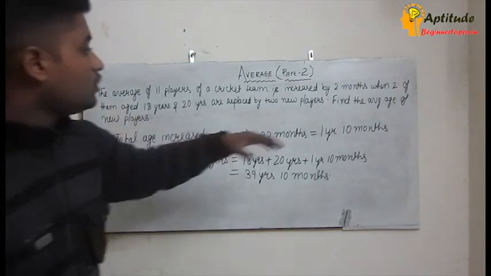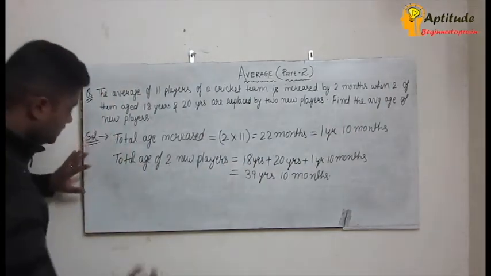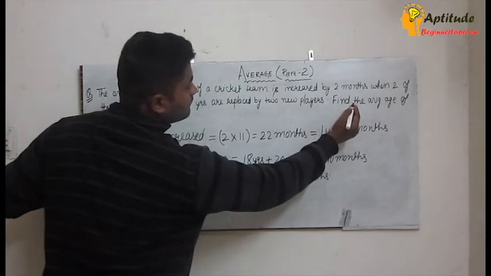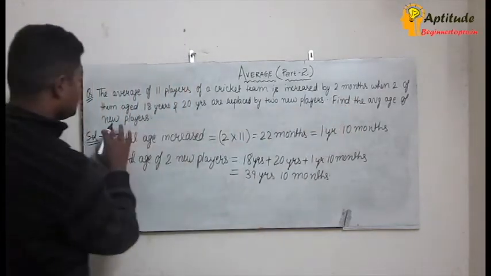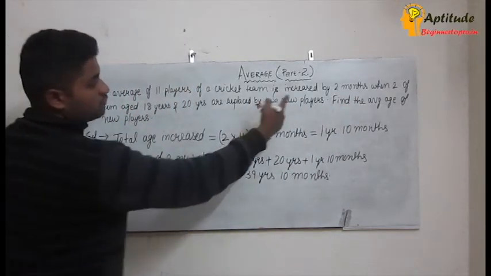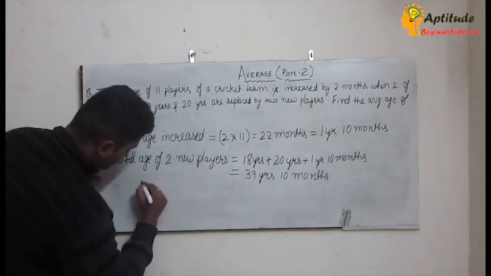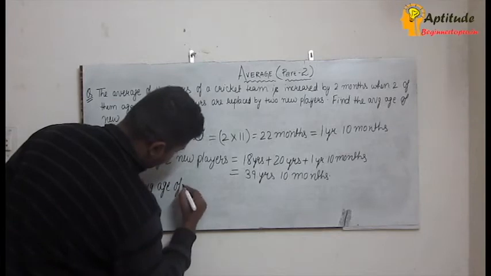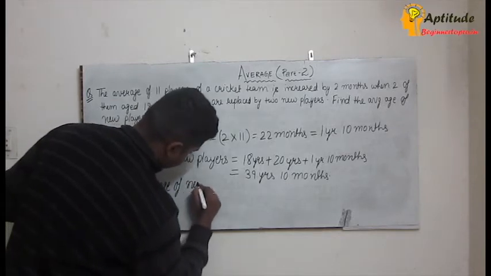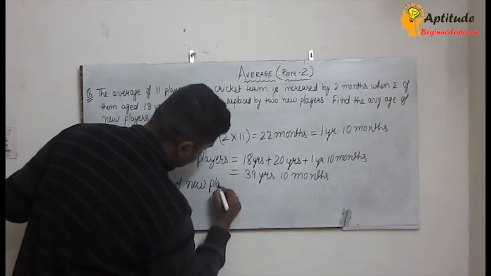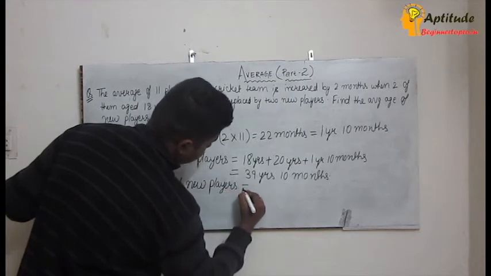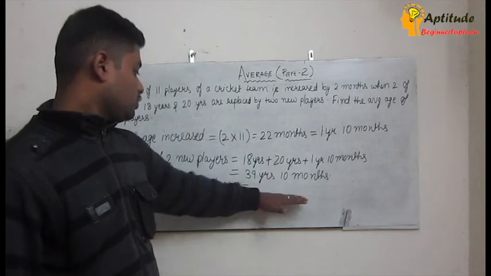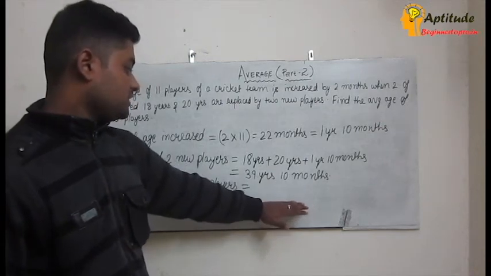So what will be the average age of the new players? Simply, we need to find the average age of the new players. How many new players? Two new players. So we can write the average age of new players is nothing but the total age of two new players divided by the total number of observations.